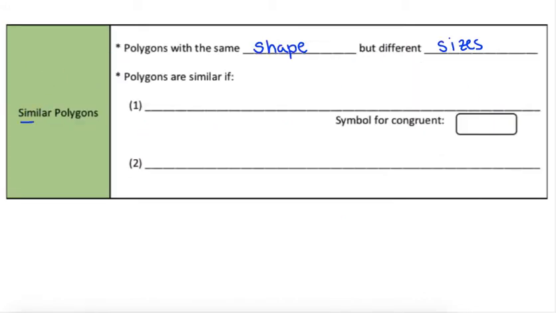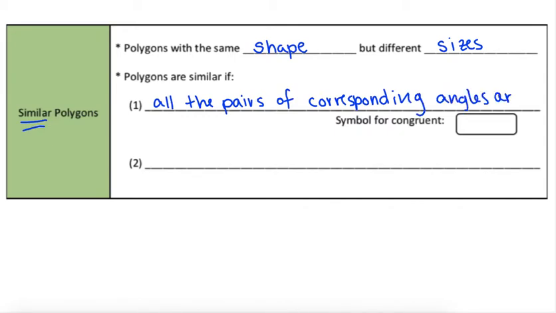So if I want to say two figures are similar, I know that they have the same shape, but they're different sizes. And there's two rules to guarantee similar objects. I can show that polygons are similar if all the pairs of corresponding angles are congruent.